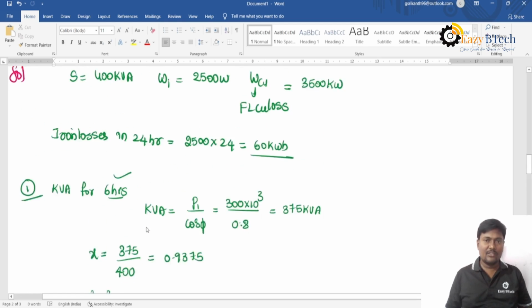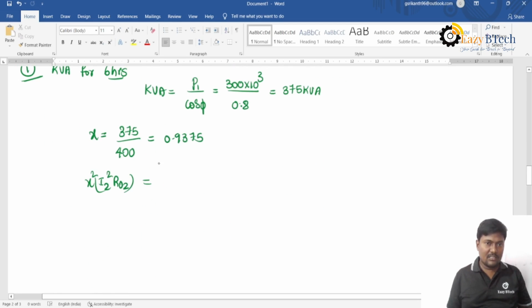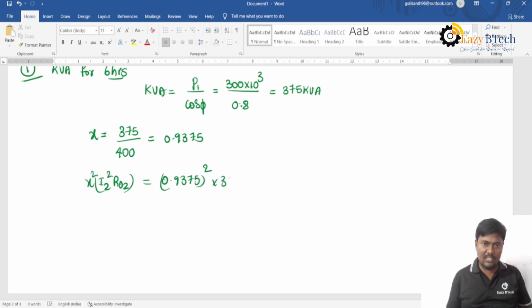So 0.9375 whole square into 3500 is equal to 3.076 kilowatts, and this is called the copper loss 1, WCU1, for 6 hours.